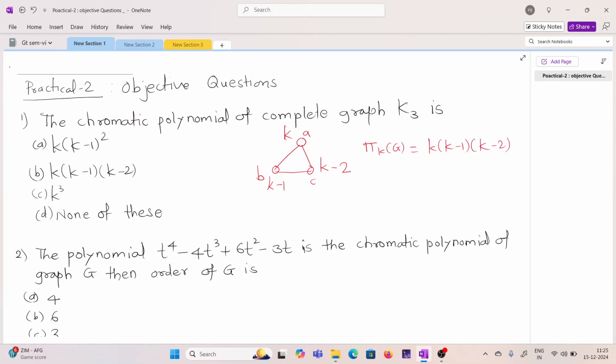That is the chromatic polynomial of K3, K into K minus 1, K minus 2, and this is option second, option B. So what is the next MCQ?